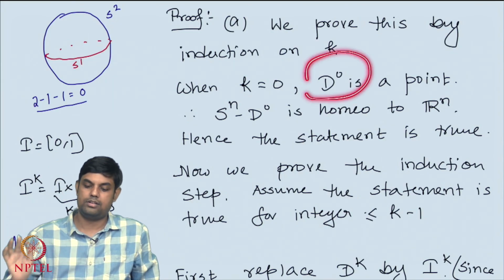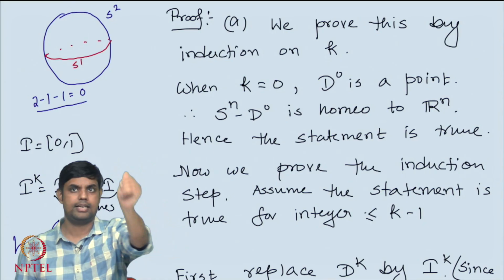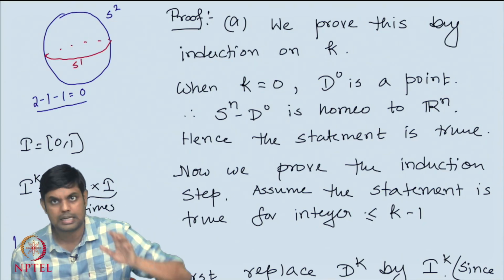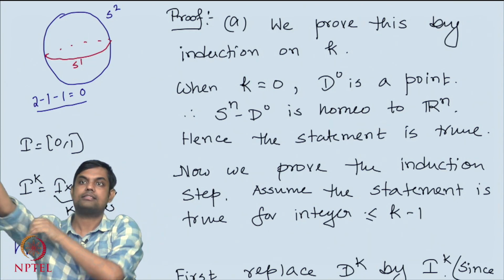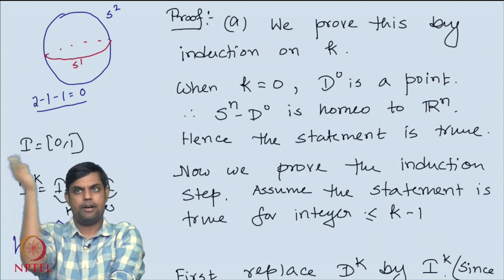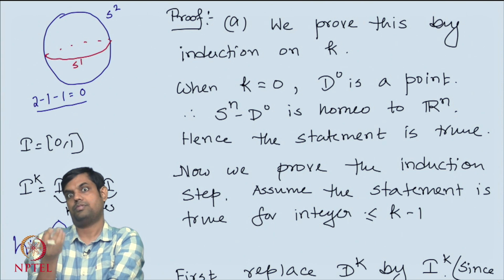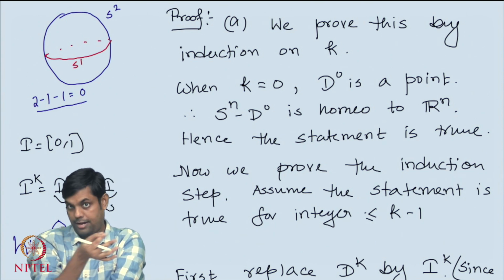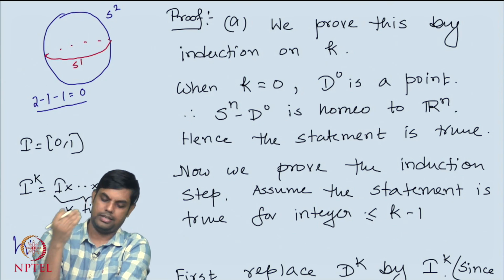By convention, the 0-dimensional disk is just a point. Now, if I look at S^n and I remove a point, starting from S^1 and all those things, all I am going to get is R^n, everywhere. And this is the point where I am looking at reduced homology, because if I start with S^0 and I remove one point, I am still left with one point, okay. So, that is why I am using reduced homology.